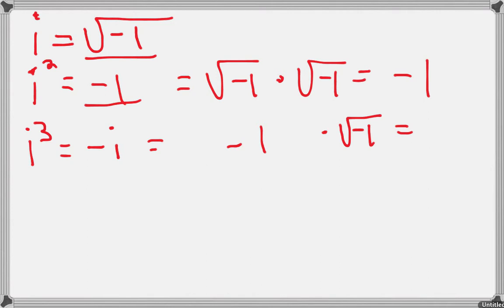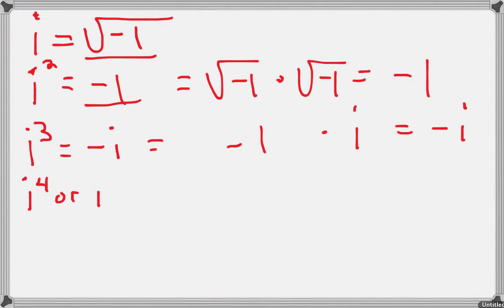Well, what does the square root of -1 equal? That equals i. So I can replace that with the i. Well, what's -1 times i? -1i, or just -i.